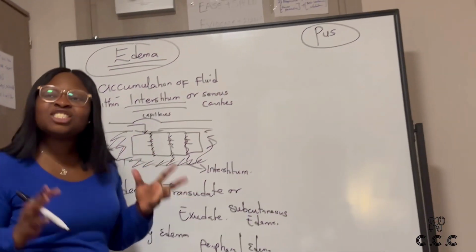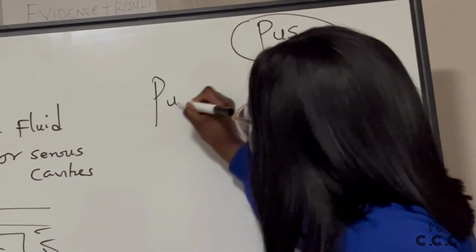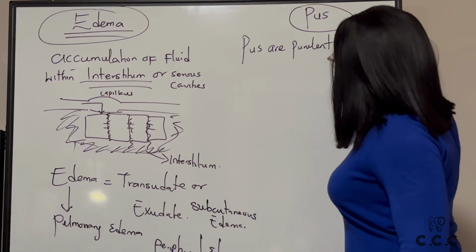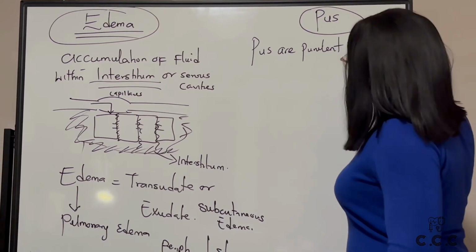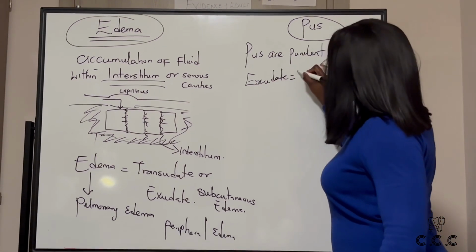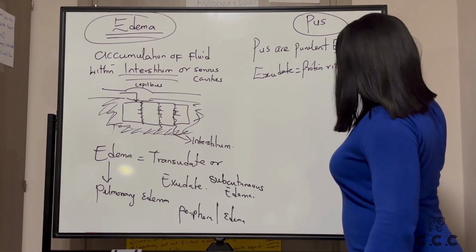Now, what is pus? Simply put, pus is a purulent exudate. So, what do we say exudates are? We said that exudate is our protein-rich fluid or protein-rich transudate, right?